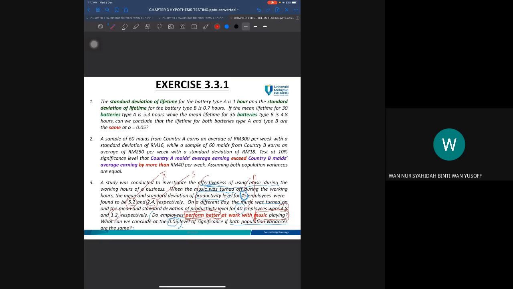Why greater than? Perform better. Okay, so one of the keywords is perform better, but if you still remember when we discussed previously, perform better is not necessarily greater than. But here it is greater than. Why?